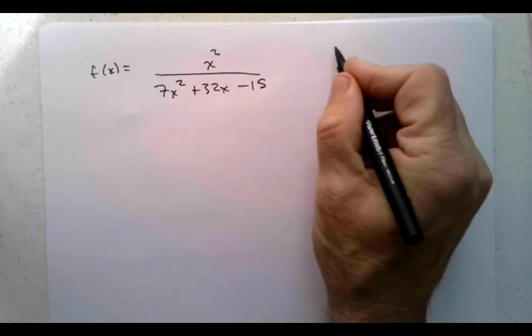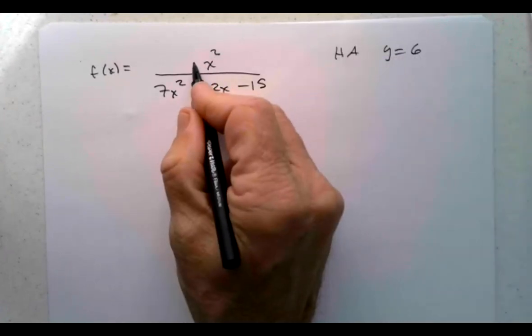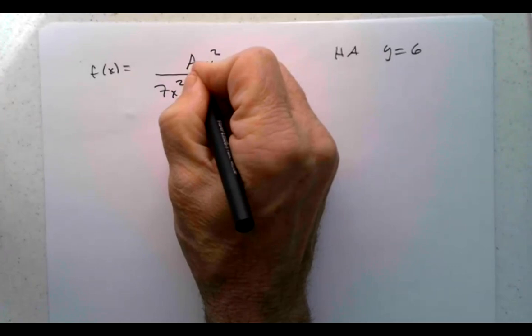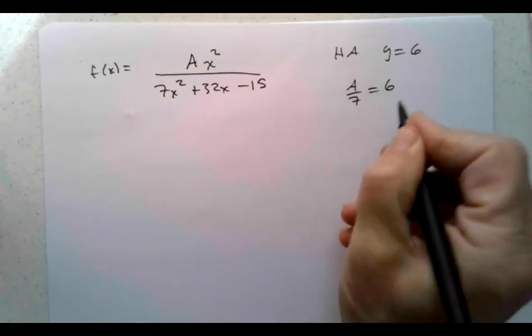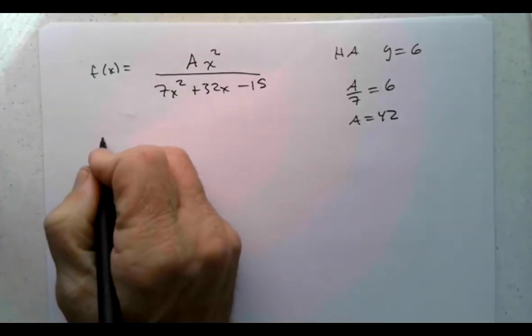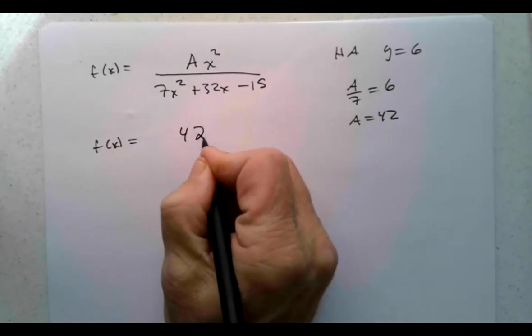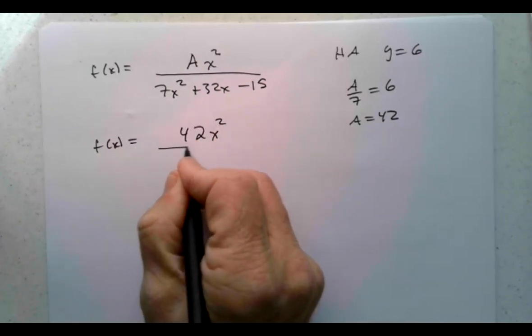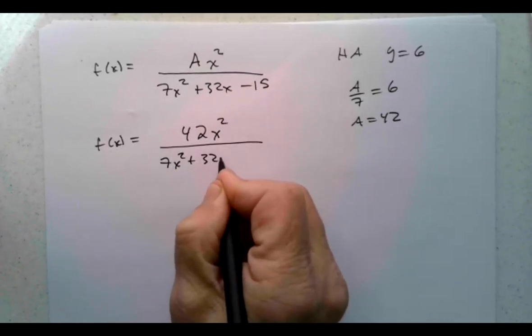And I want the horizontal asymptote to be y equals 6. So when I divide this thing, this multiplier, a divided by 7 has to equal 6. Multiplying by 7, I get a is 42. So the function that I can work with here, f of x, would be 42x squared over 7x squared plus 32x minus 15.